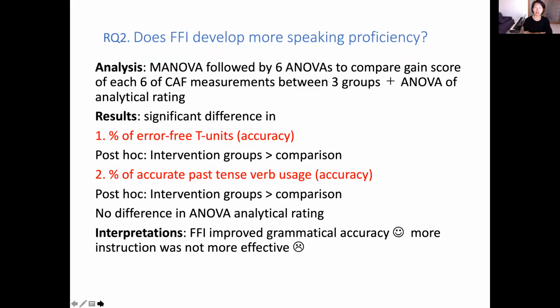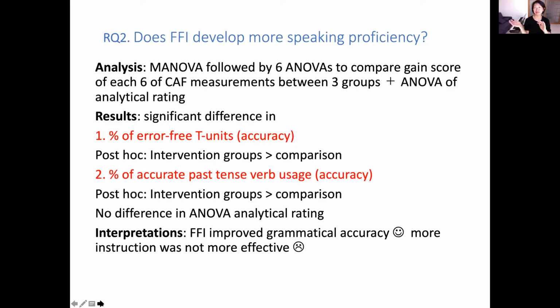So, does phone-focused instruction develop speaking proficiency in learners? After I collected the audio files, after they were transcribed, after I counted the measurements, I had 6 CAF measurements.